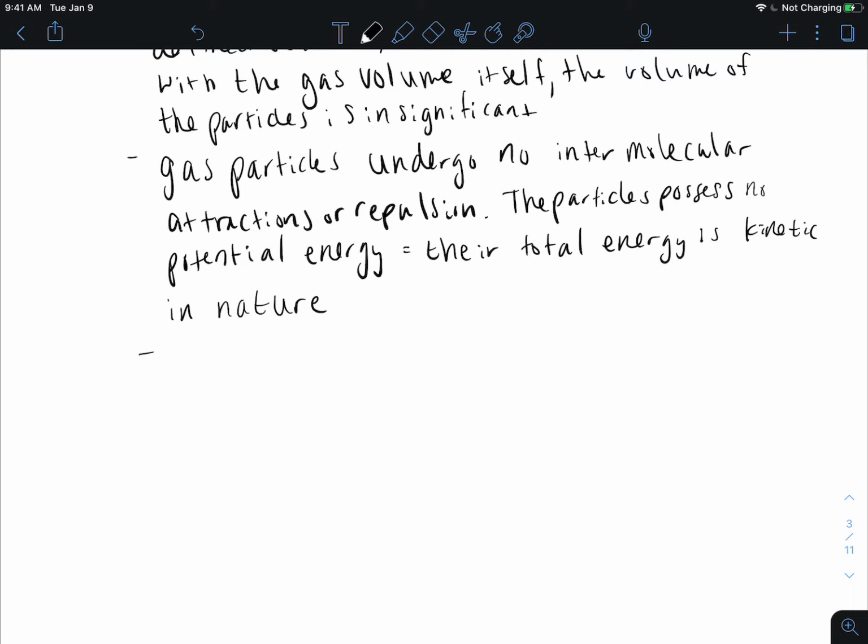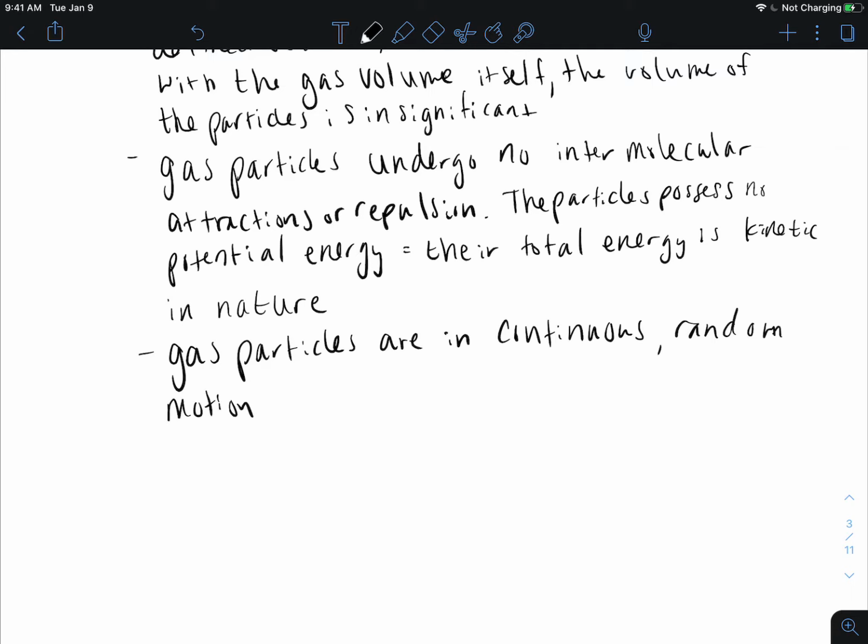Gases themselves are in continuous random motion. So our gas particles are in continuous random motion, colliding and moving all over the place. They collide, they go a different direction. And those collisions are going to be completely elastic, so there's going to be no net loss or gain of kinetic energy when particles collide.